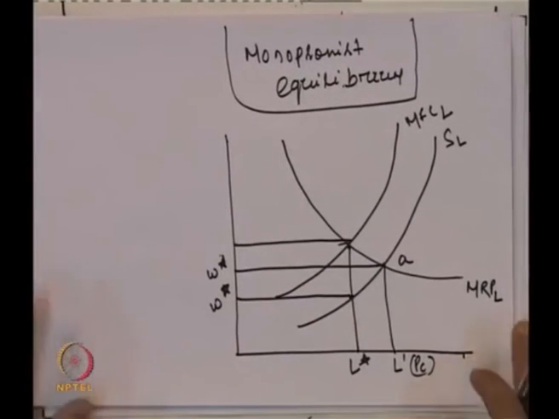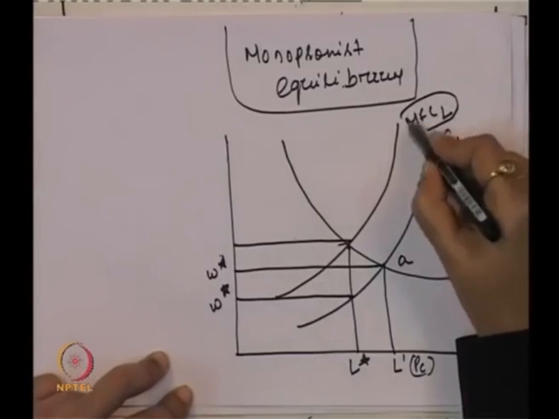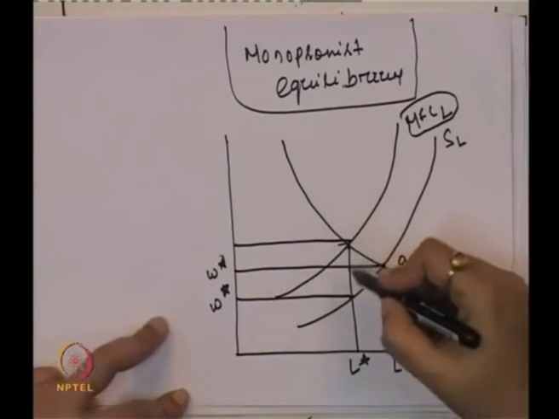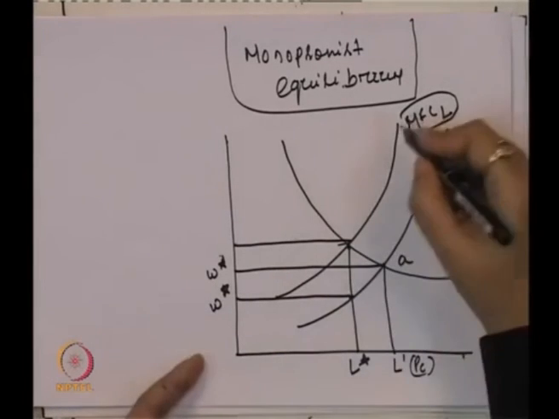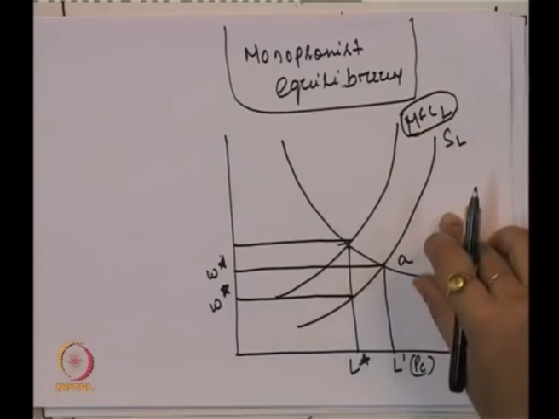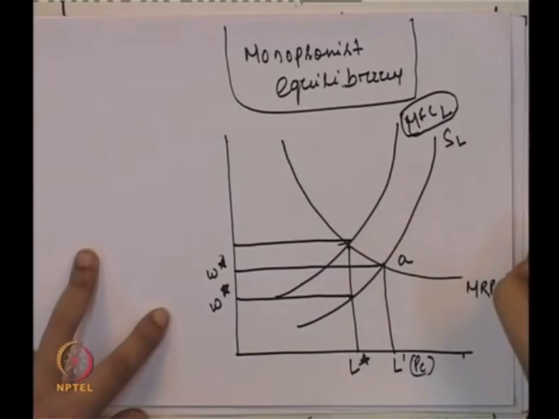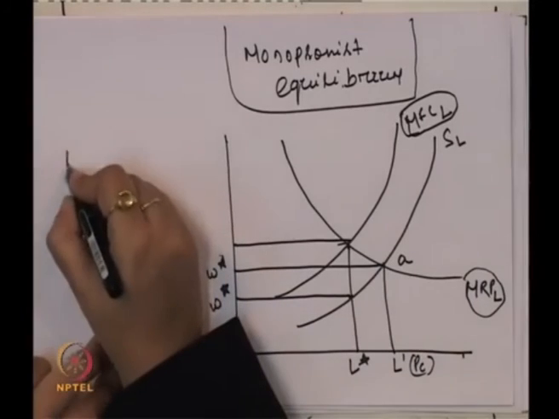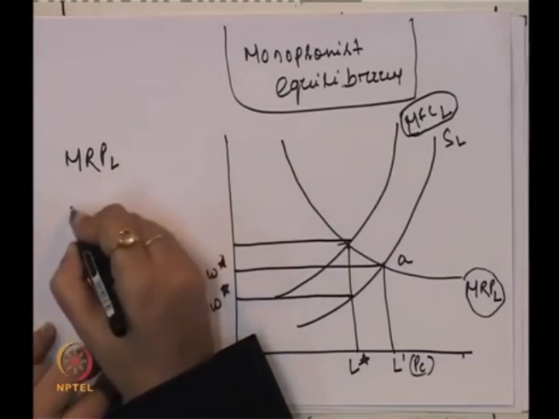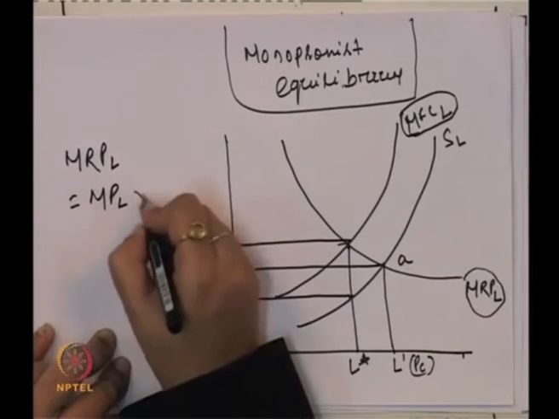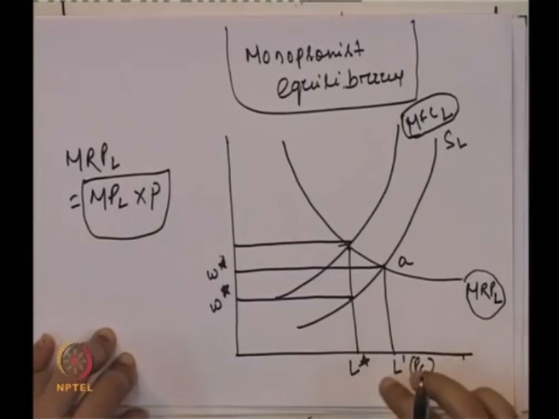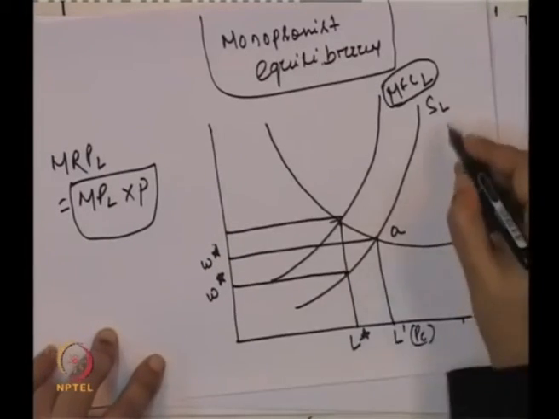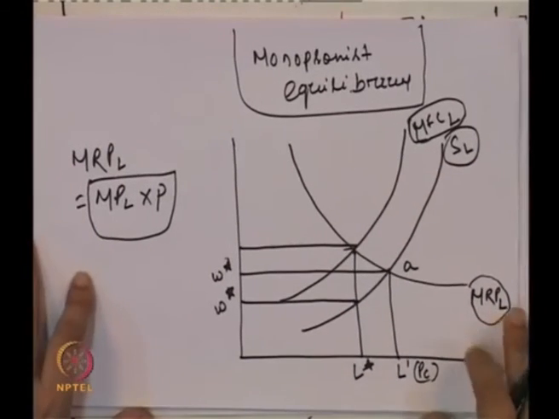Now what is the marginal factor cost for labor here? This is the cost of each increase in the quantity of the factor the firm uses, because this is the marginal factor cost with respect to labor. Now what is MRPL? MRPL is the demand curve for labor, and we get the marginal revenue product for labor as MPL multiplied by price. The supply curve is the supply curve for labor.